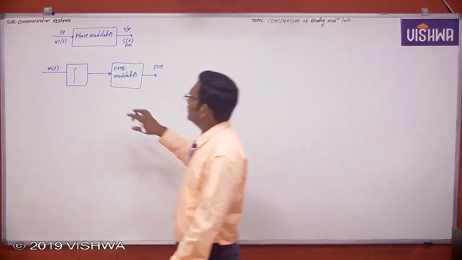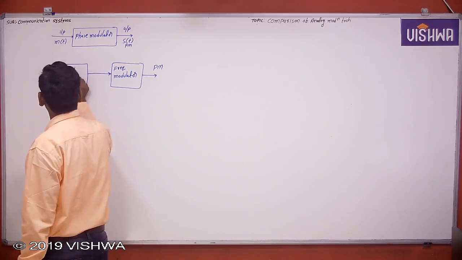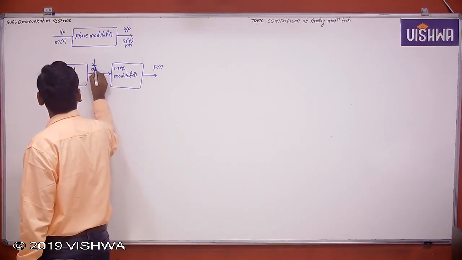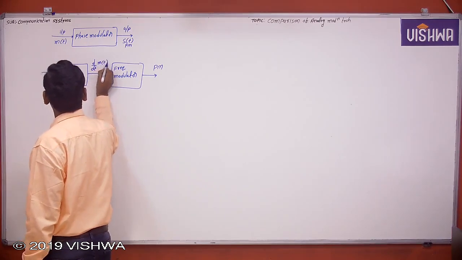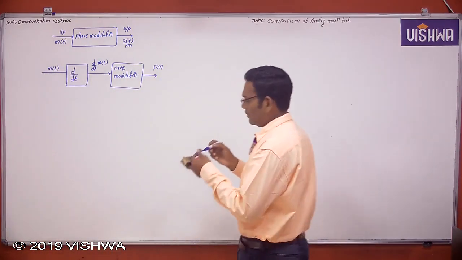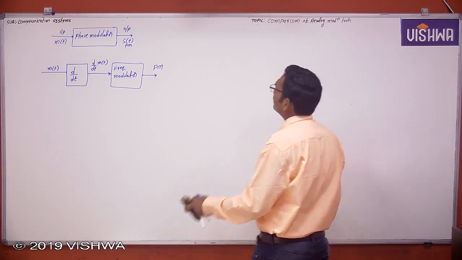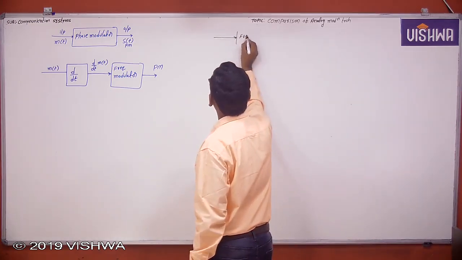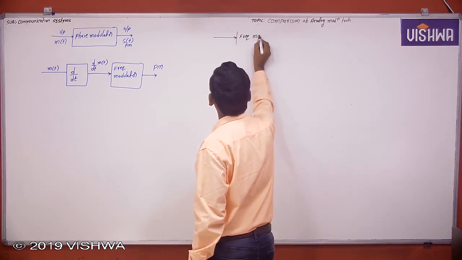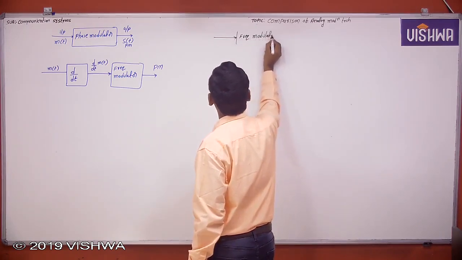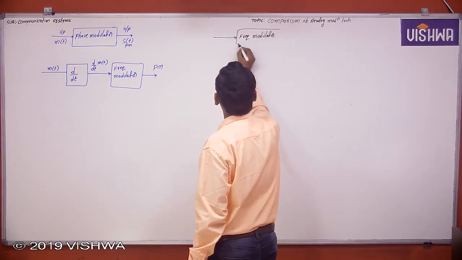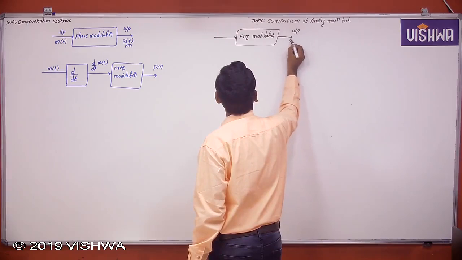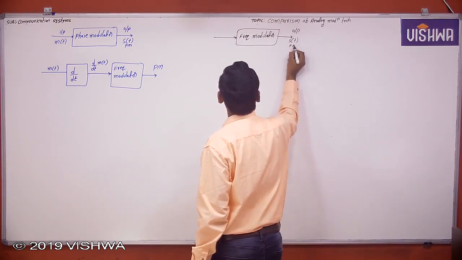Oh, sorry, this is differentiation, right? d by dt of m of t, applied to the frequency modulator, output is an FM signal.